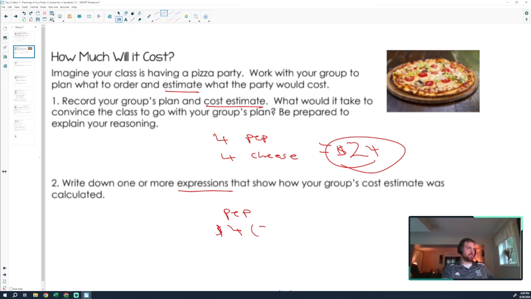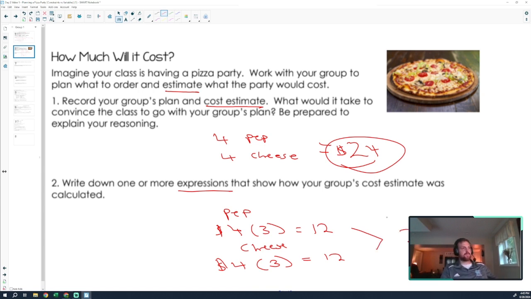And we're going to get 3 of them. So that would be $12. And let's say the cheese pizza is also $4, and we're going to get 3 of them. Again, that's $12, and that total would be $24.